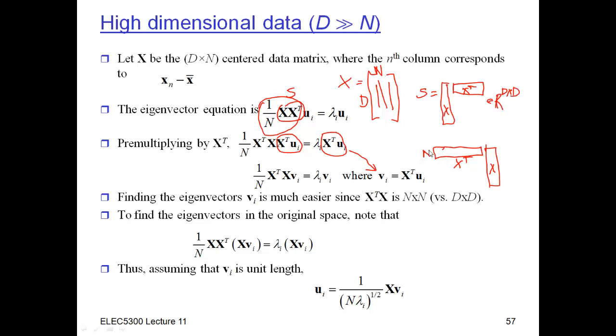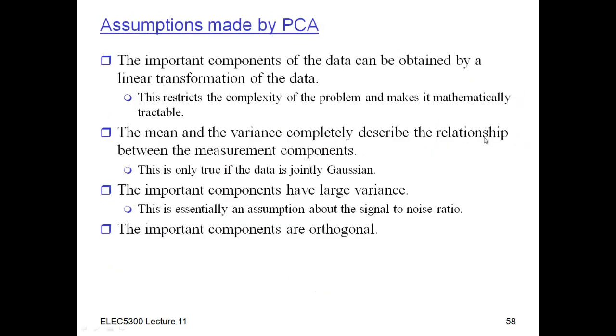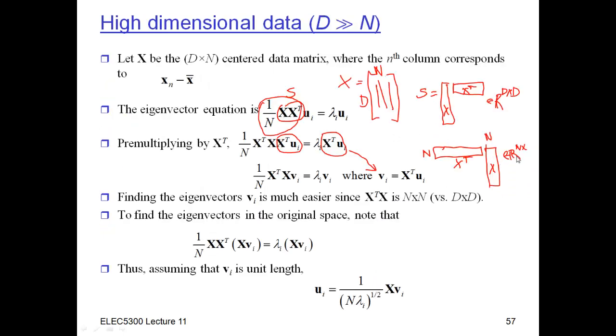But now because this is N here, this is N here, right? This is going to give me something in R N by N. So now this matrix here is going to be a much smaller matrix than this one over here. So I can find the eigenvectors much easier.